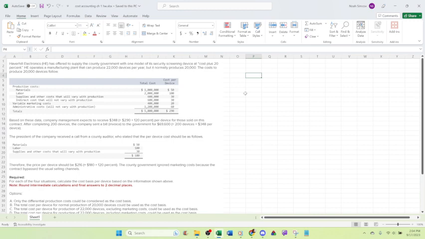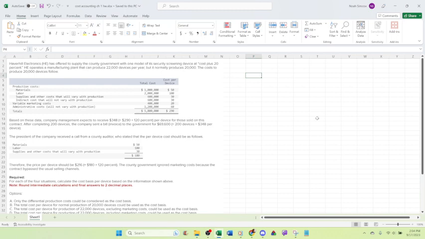Now per device. Wait a minute. Oh, you know what? The cost per device doesn't change.